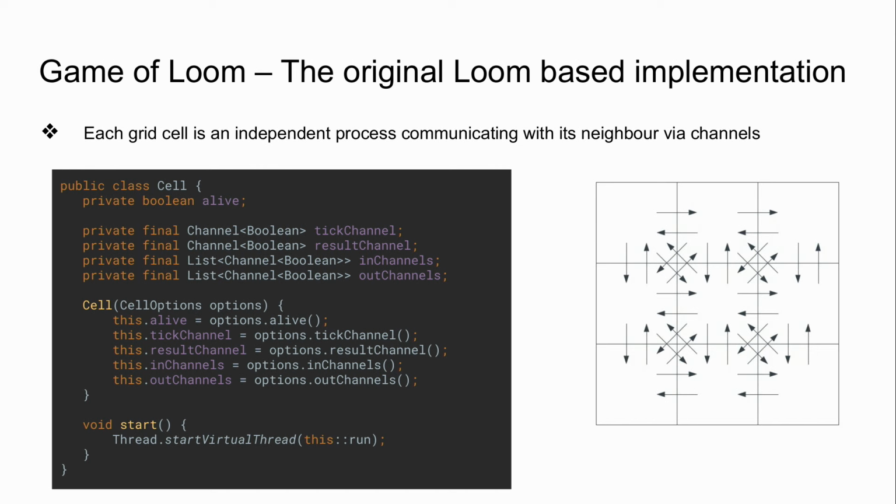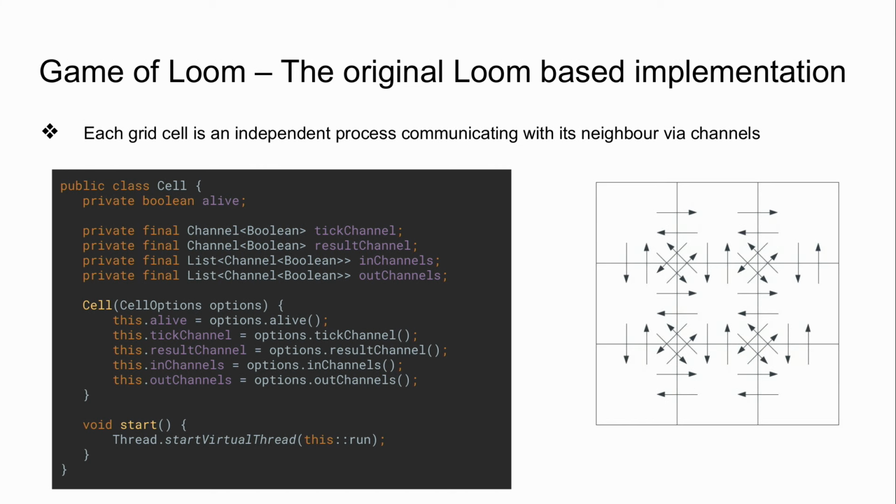Then you have two more channels that link this cell with the coordinator. One is used by the coordinator to give a tick signal to say, okay, now I'm ready to calculate the next frame. And the other is in the opposite direction, to give the cell a chance to tell the coordinator whether the cell itself is alive or not.